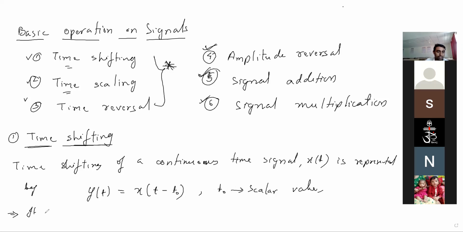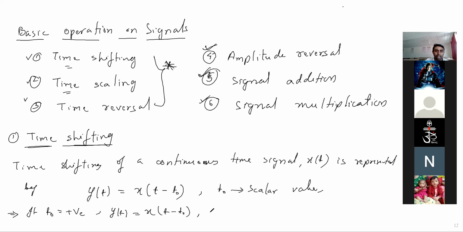If t naught is equal to some positive value, then y(t) can be written similarly. If it is a positive value, it is like this only, x(t minus t naught), and y(t) will be a right shift signal, or you can say a delayed signal.